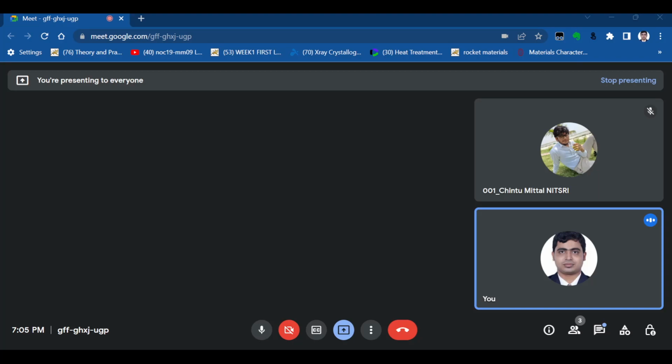Okay, in this direction I have taken the sigma xx, in this direction tau xy. Suppose we take a 2D stress tensor. So how to draw a Mohr circle? First you take the sigma xx value and tau xy.